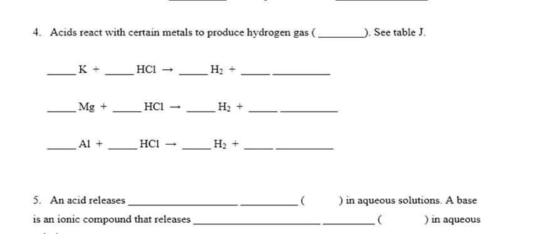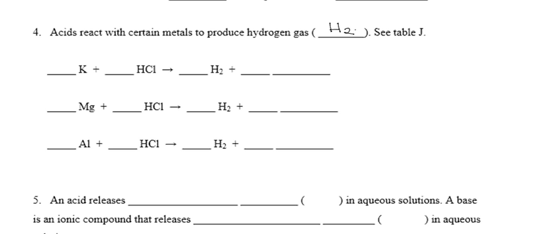4, acids react with certain metals to produce hydrogen gas. Hydrogen gas is one of our diatomics, H2. So we look for H2 on table J. If the metal is above H2, the reaction happens. If the metal is below H2, the reaction will not happen.